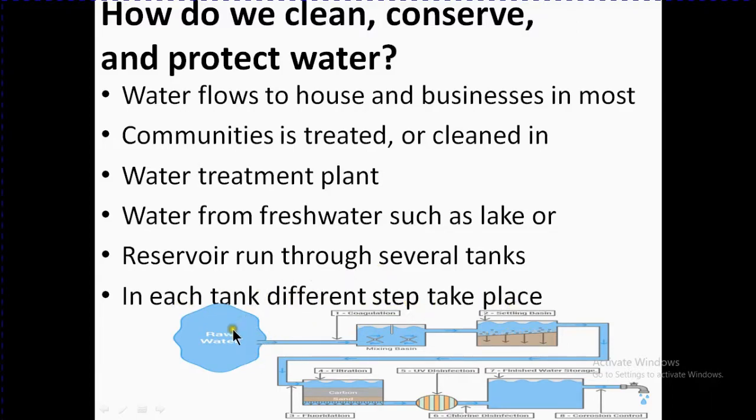For example, this is the raw water that we want to clean, so it will pass through different steps, and different types of processes treat it in the water treatment plant. In the end we get pure water, or you can say clean water, that after treatment or filtering we use again.